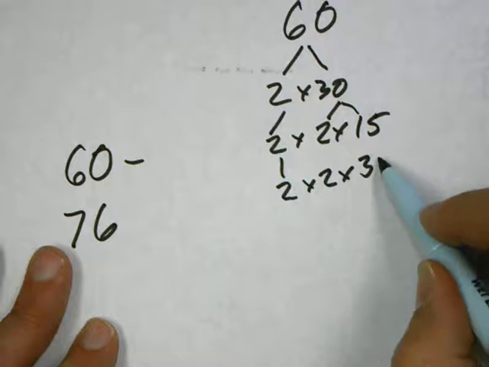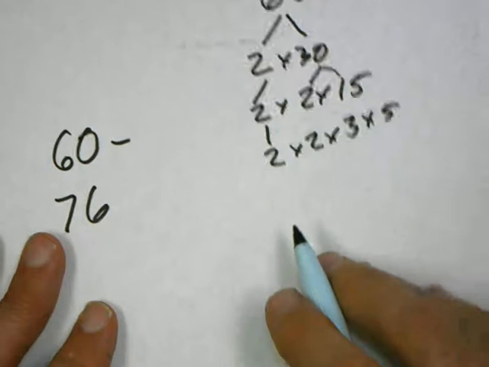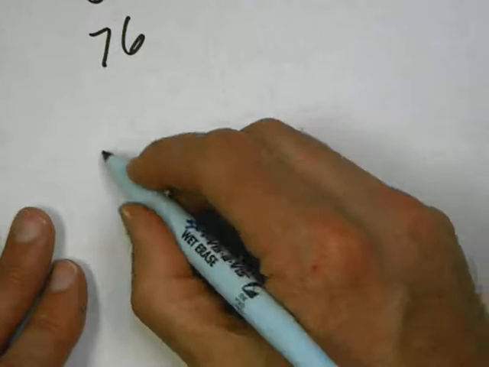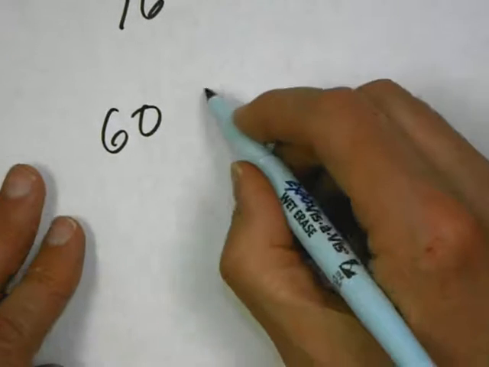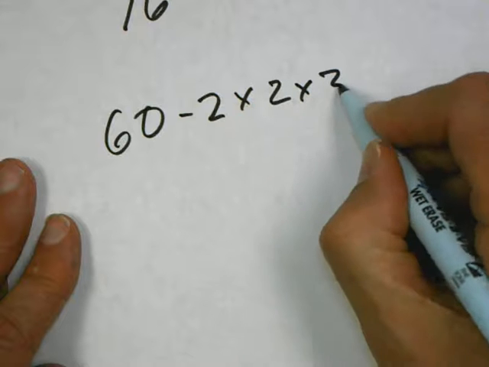So let me write this out here. Make myself a little more room. 60 is really 2 times 2 times 3 times 5.